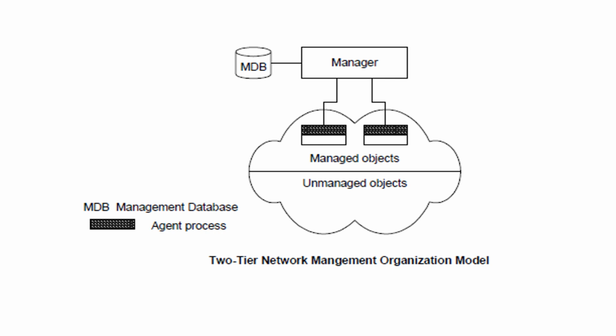And this is the structure of the two-tier network management organization model, which consists of a management database, managed objects, and unmanaged objects. Unmanaged objects have no agent process, and here is the manager. Network objects consist of network elements such as hosts, hubs, bridges, routers, etc. The managed elements have a management process running in them.